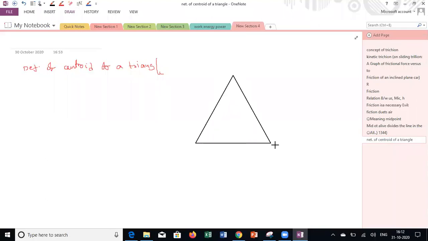How can we say centroid? This is the centroid. A is (x1, y1), B is (x2, y2). It will come in 7th or 8th or 9th standard. The point of intersection of all the three medians from all the three vertices, sir.